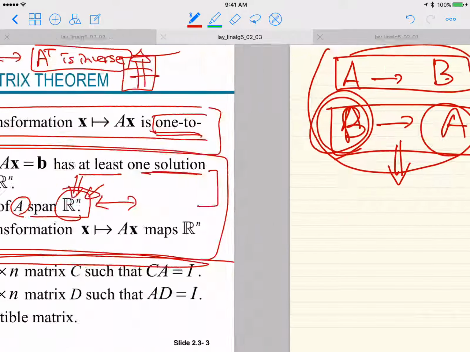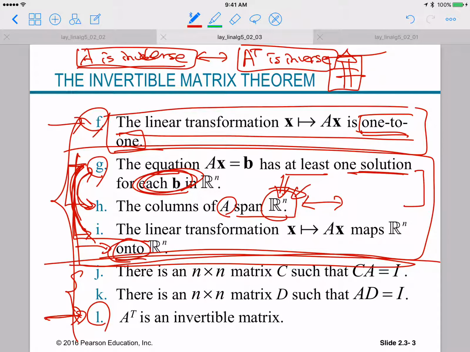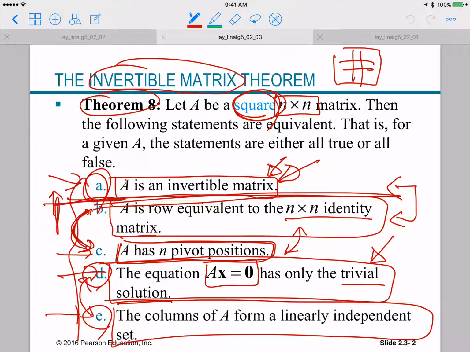So if they are all equivalent, then if A is not invertible, then A is not row equivalent to the identity. We can definitely say that as well. So we don't need to consider this opposite situation where A is not invertible and things like that.